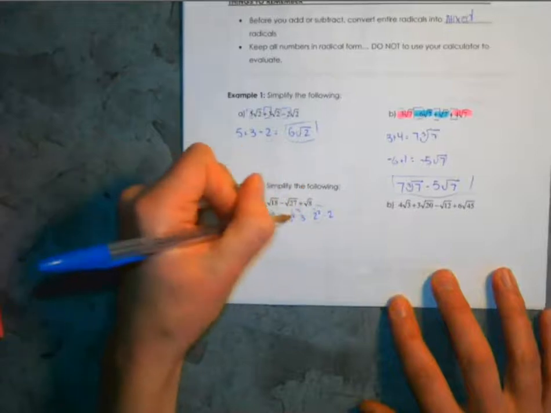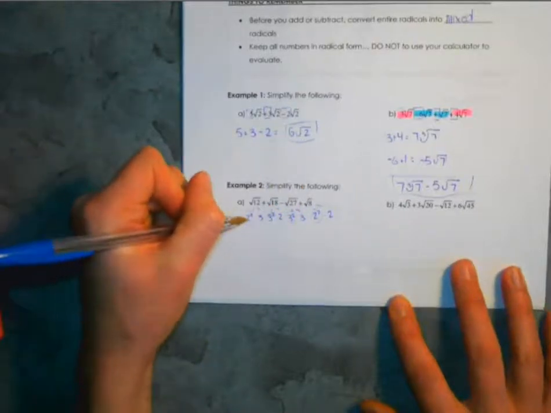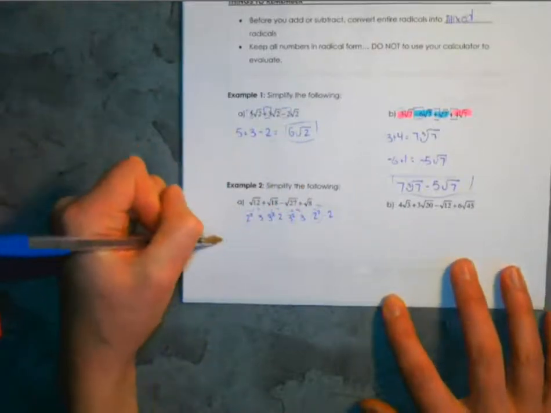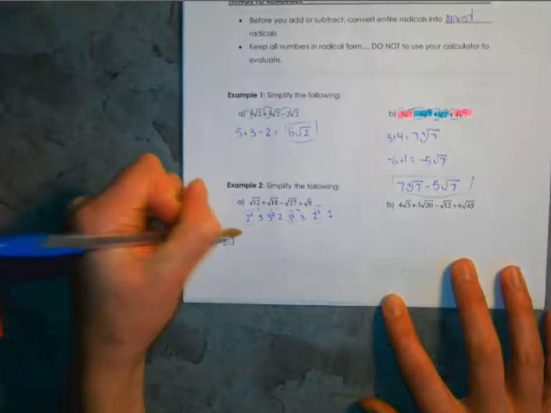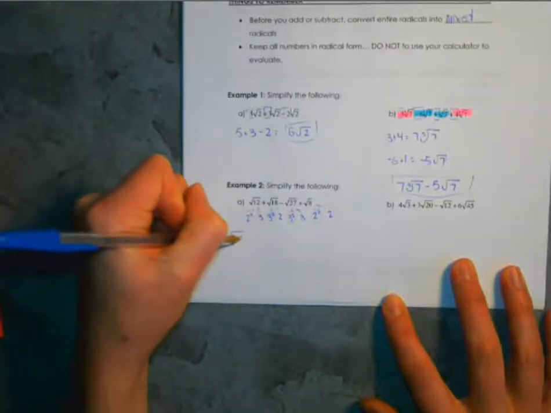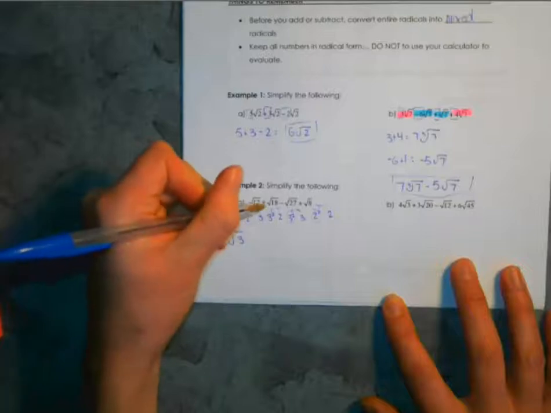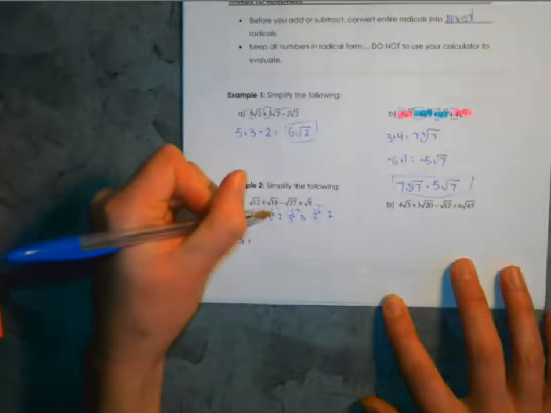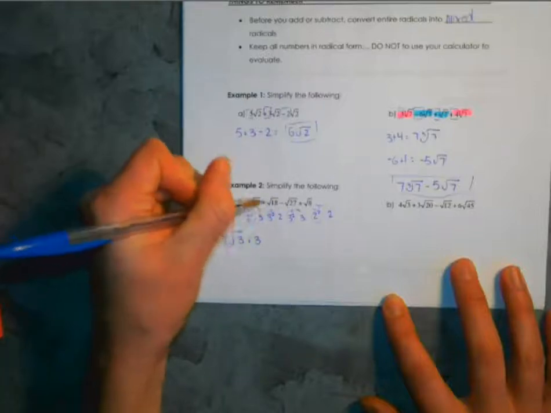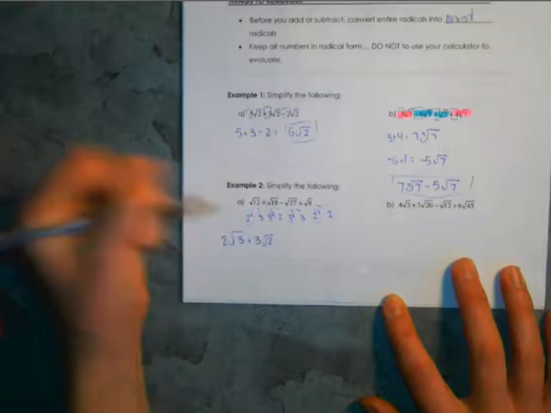So now I just want to simplify all of these. So the first one, I have a 2 that can move to the outside, so it's going to be 2 root, and then my remaining factor is 3. For this one, I have 3 squared that I can move outside, so I'm going to keep this the same, plus 3 moves to the outside, and root 2 stays inside.